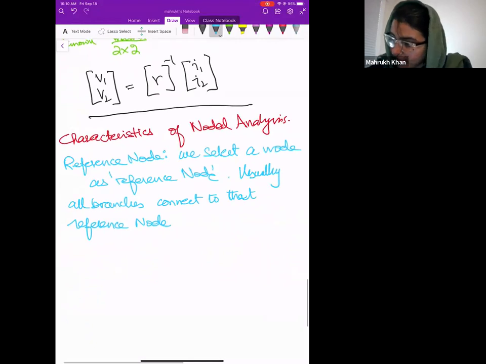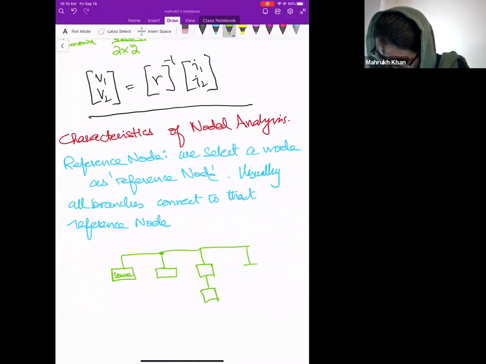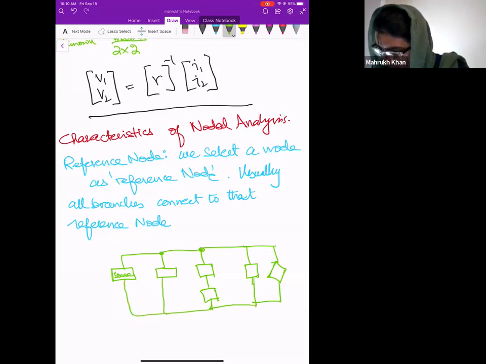So if I have, this is my source, this is my element, this may be my another source, and these are my nodes.